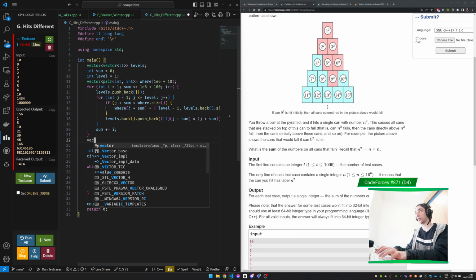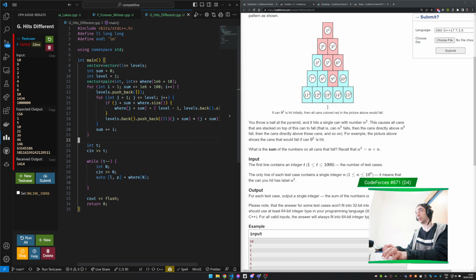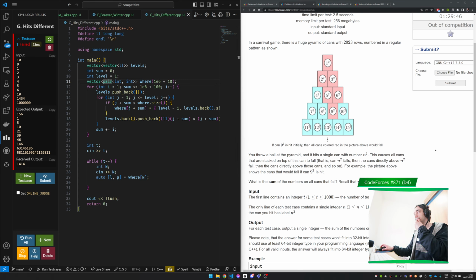Also, I need to pre-compute, I don't want to overflow something here. Will it overflow? It will possibly overflow. I have to be careful.